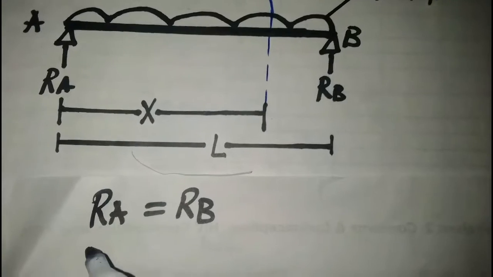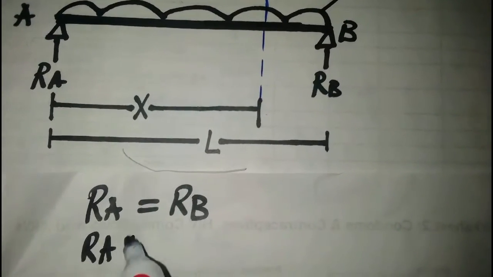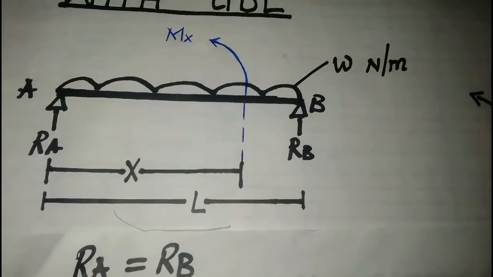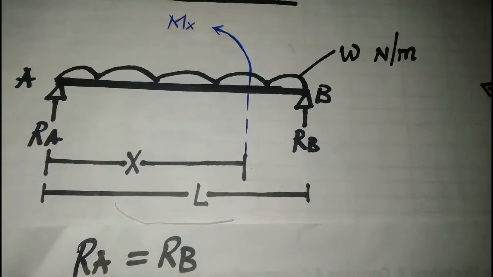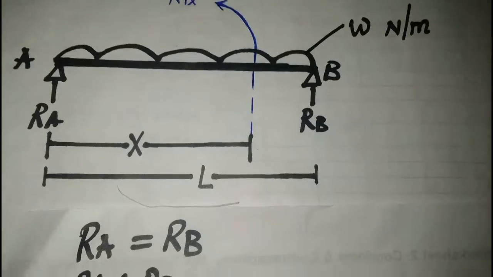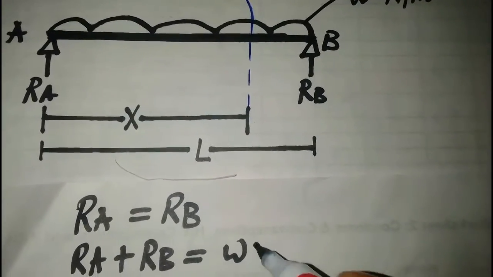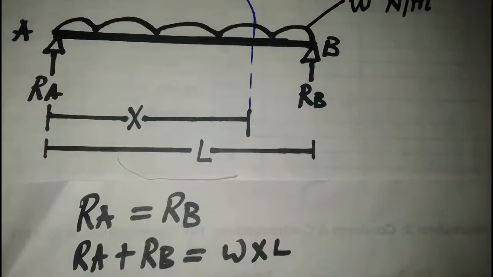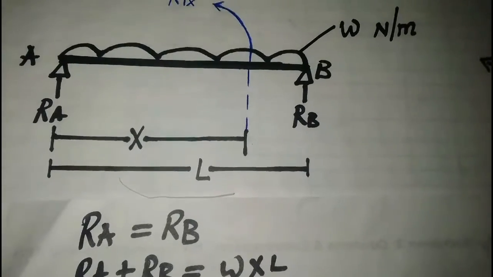So RA plus RB will be equal to the load, which is expressed in Newtons per meter. So we multiply that weight W by the length L, so it's now a force.